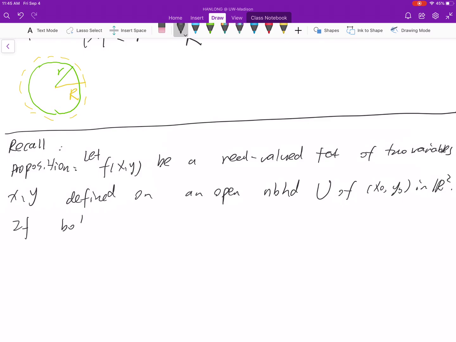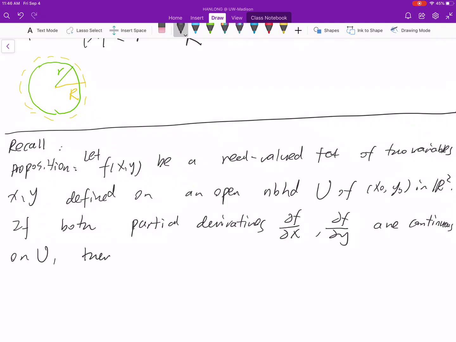If both partial derivatives, partial f partial x and partial f partial y, are continuous on U, then f is differentiable at (x0, y0).